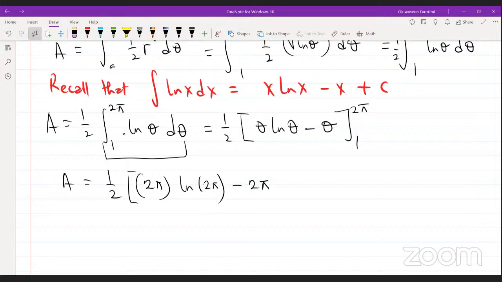The whole of this is exactly the top, the upper limit. I want to use a bigger bracket. That is the top minus the bottom. Put a parenthesis here: this is going to be ln of 1, which is 0, of course, minus 1.